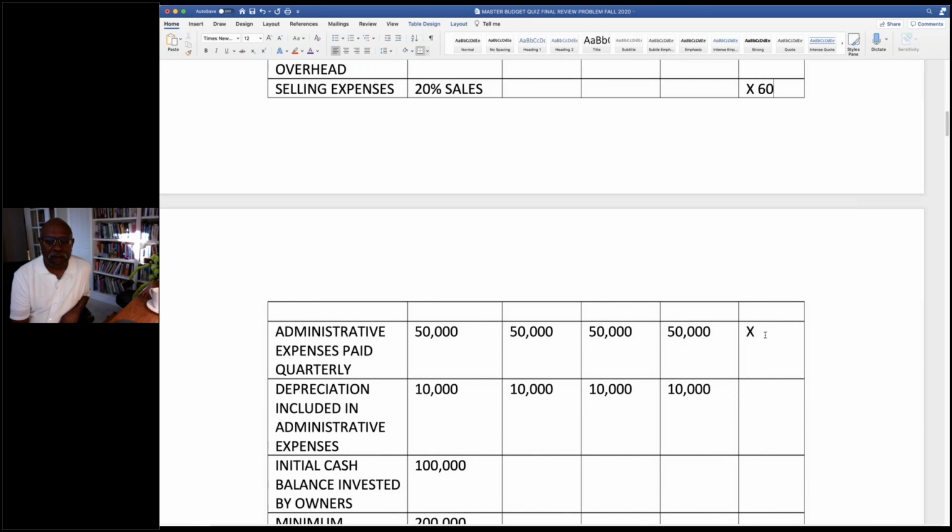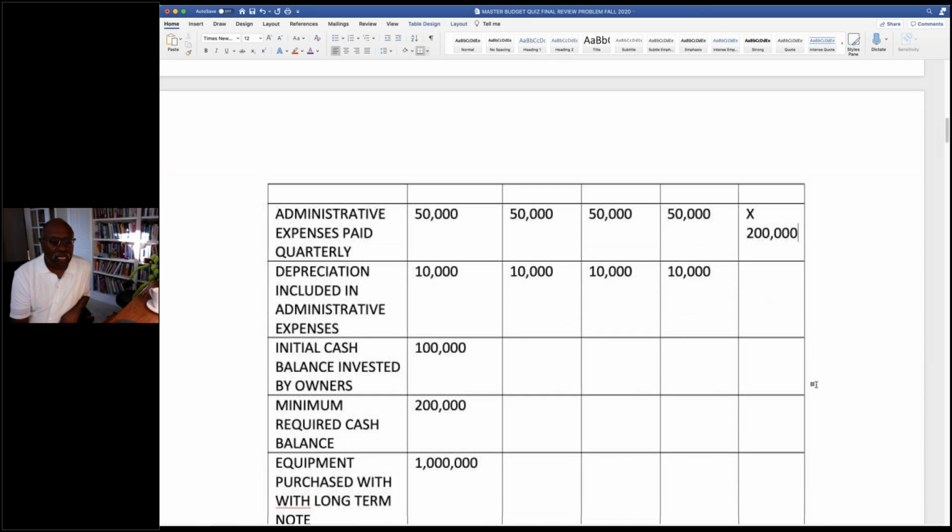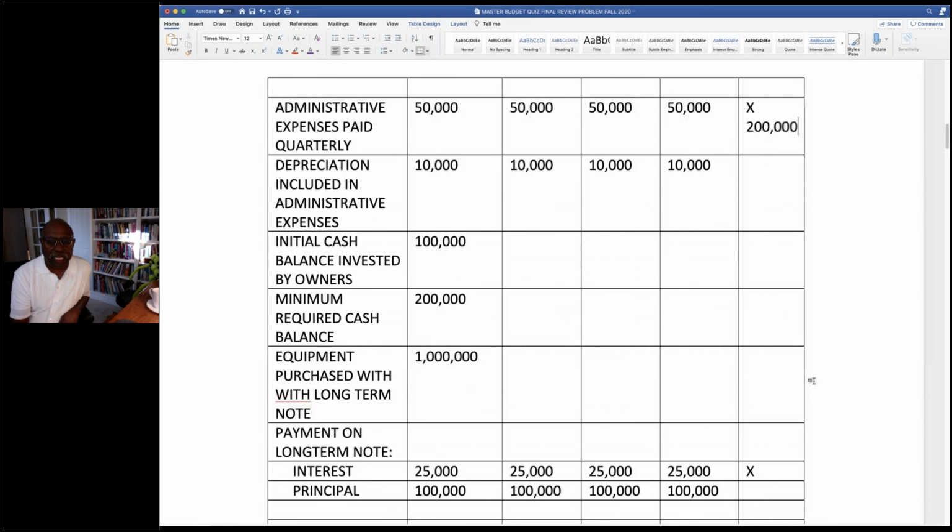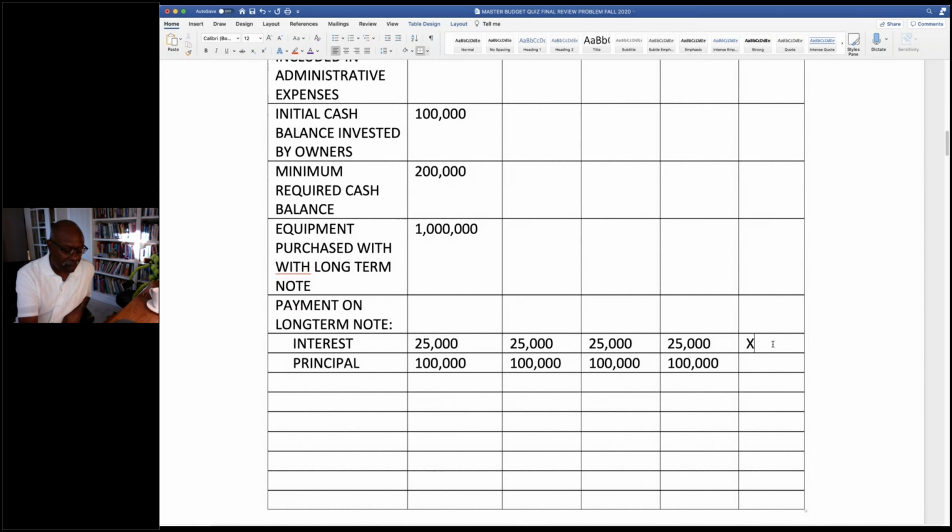Administrative expense, 200,000, and interest expense, 100,000.